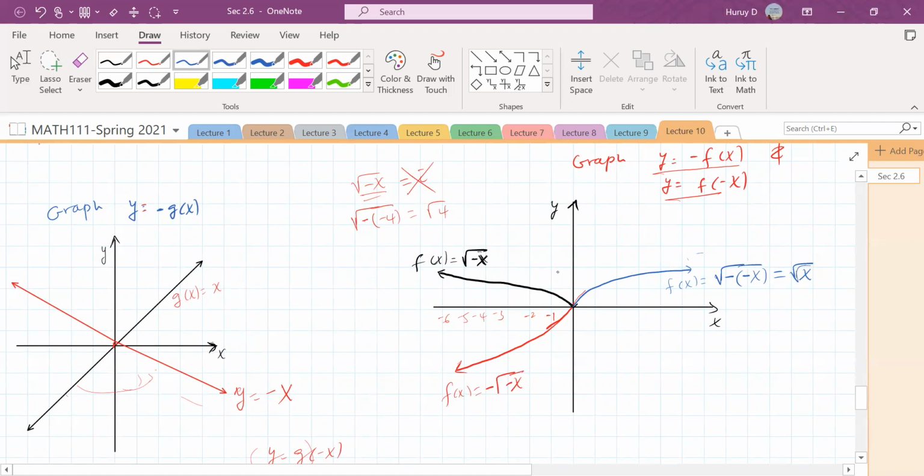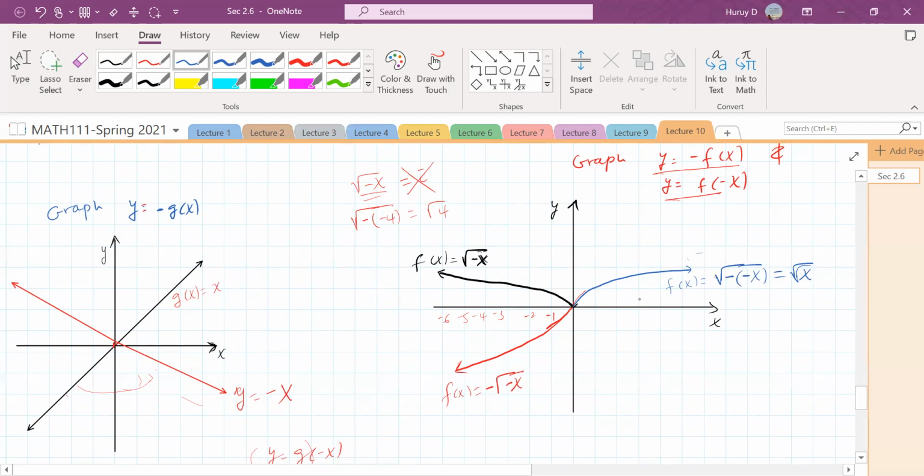Okay, so as you can see, the reflection is very helpful as long as you understand the concept and get used to it. It is very helpful, because if you try to construct the table of values for every function to graph, it will take a lot of time, right? But if you understand these translations, once you have the basic functions or the graph of the basic functions, then you can just translate that function or that graph.